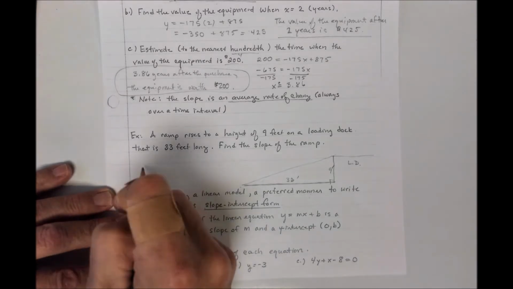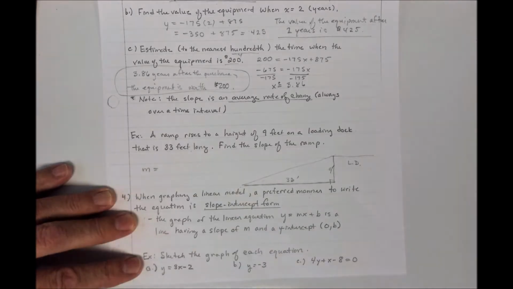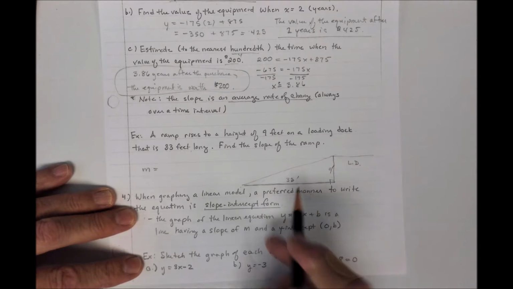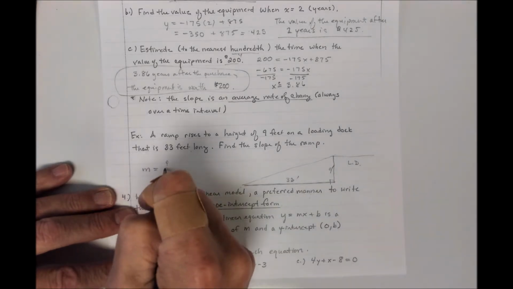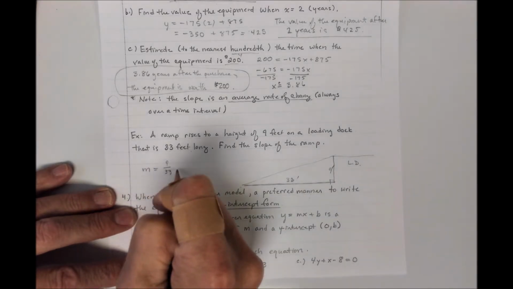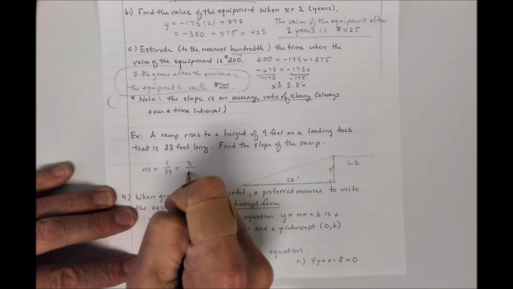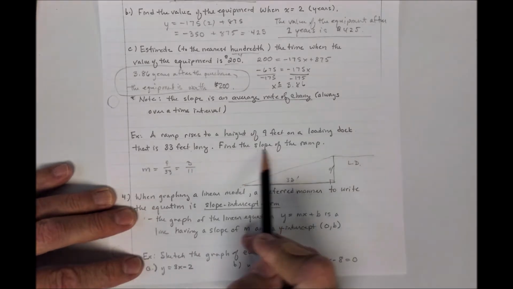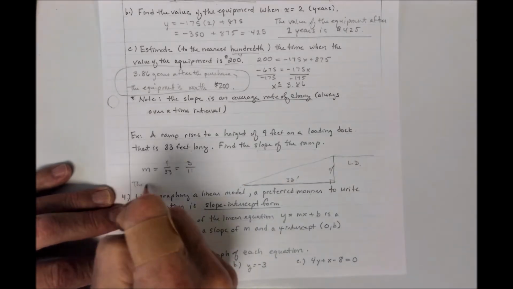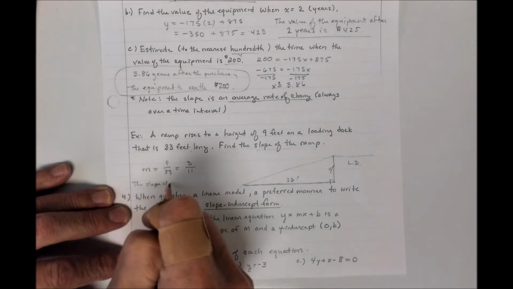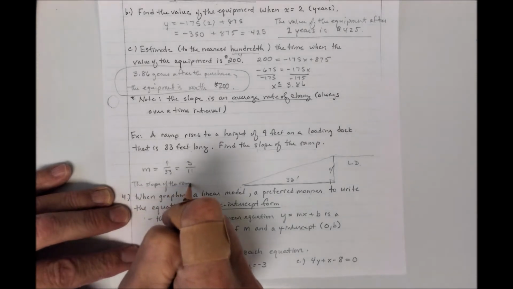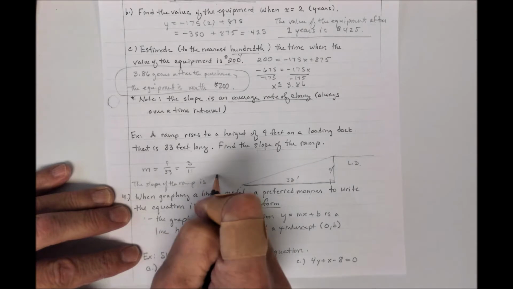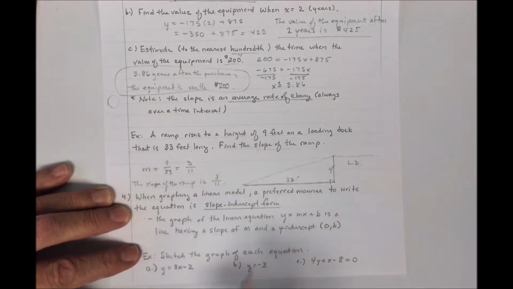So the slope, this would be a ratio, because the units are the same, would be 9 feet over 33 feet, or 3/11. So the slope of the ramp is 3/11.